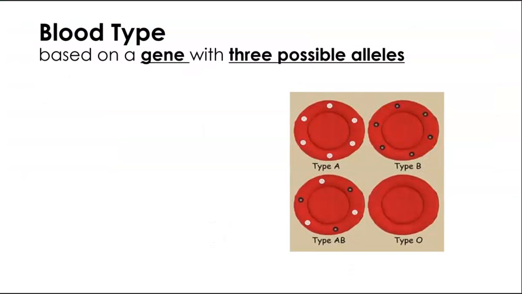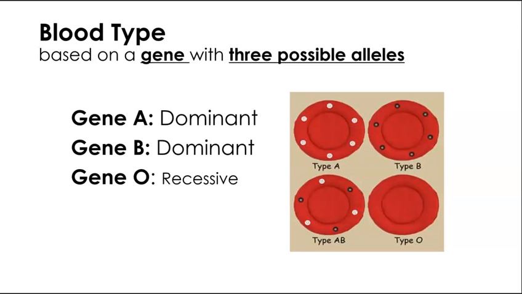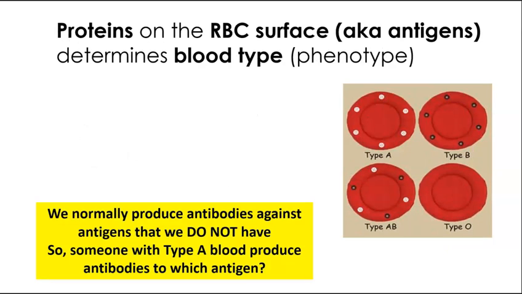So again, blood type is based on a gene with 3 possible alleles. We have gene A, which is dominant, producing type A blood, gene B, which is dominant, producing type B blood, and we know that gene O, or type O blood, is recessive, meaning it has neither antigen A nor antigen B on the surface of the red blood cell.